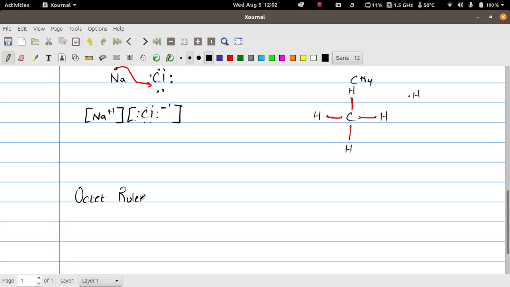The octet rule is simply when atoms bond, they tend to lose, gain, or share electrons to have 8 valence electrons, which is that of a noble gas.